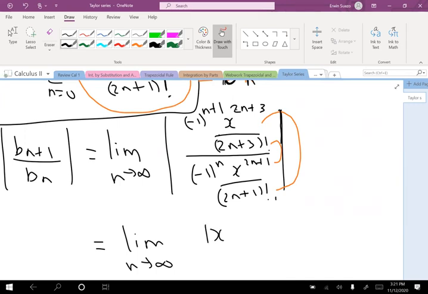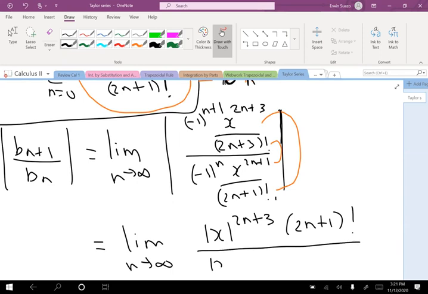I'll get x to the 2n plus 3 times 2n plus 1 factorial, divided by x to the 2n plus 1 times 2n plus 3 factorial.